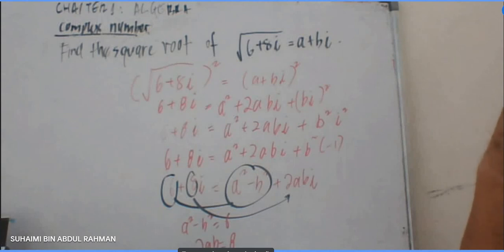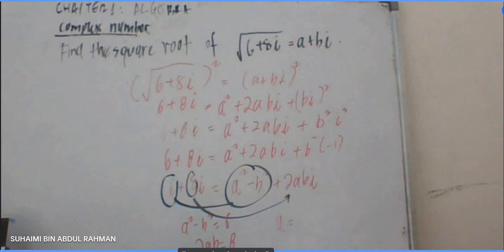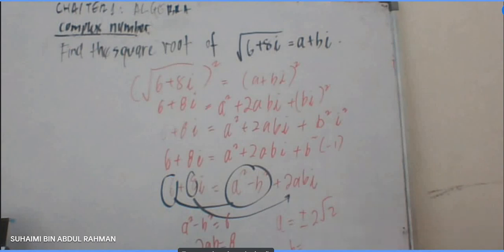Using simultaneous equations, a has two values, plus minus 2 square root of 2. b has two values as well, depending on the value of a, plus minus 2 over square root of 2.